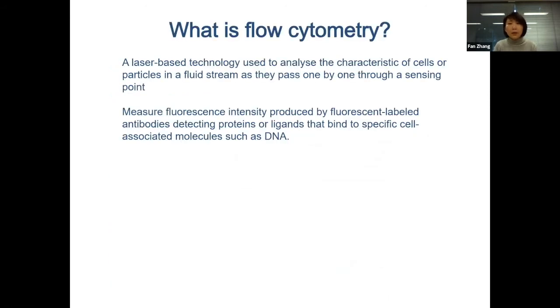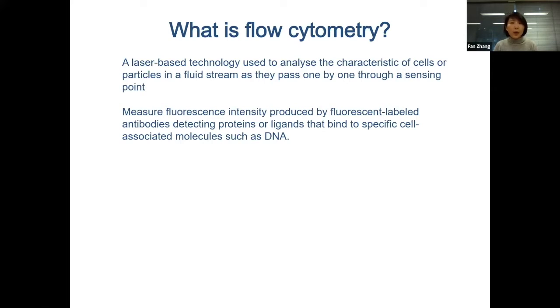So I'm going to start with the definition of flow cytometry. Flow cytometry is a laser-based technology used to measure and detect the physical and chemical characteristics of cells or particles. In this process, a sample containing cells and particles is suspended in fluid and injected into a flow cytometer instrument. Ideally, the cells pass through a sensing point one by one.